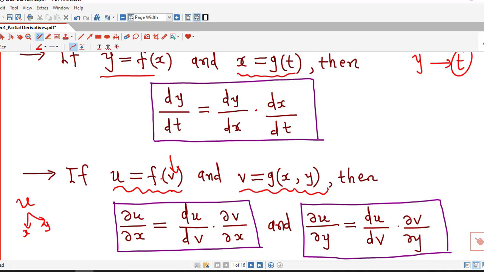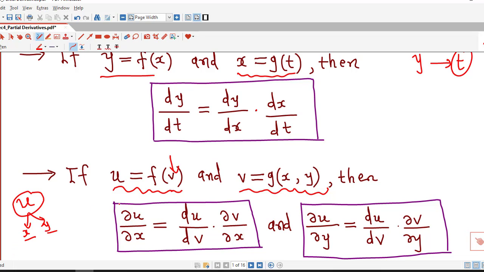That means u is directly a function of v, but indirectly u is a function of x and y. So directly u is a function of only one variable v, and indirectly u is a function of two variables x and y.